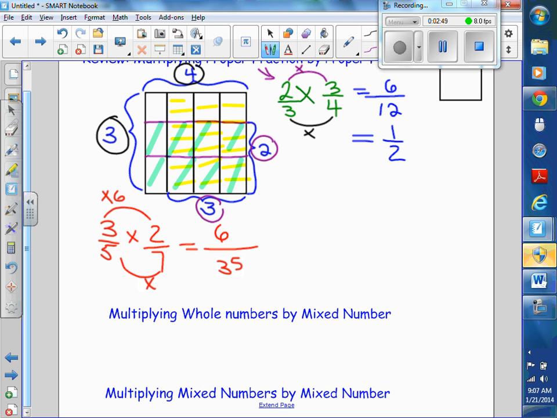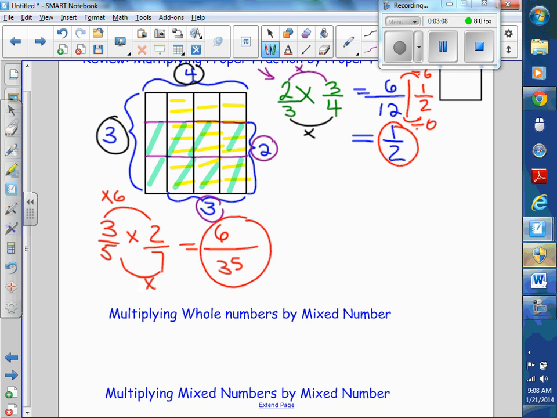And then you would check to see if 6 and 35 have any common factors. Like up here, these both are divisible by 6, so we were able to reduce it to 1/2. 6 and 35 don't have any common factors.